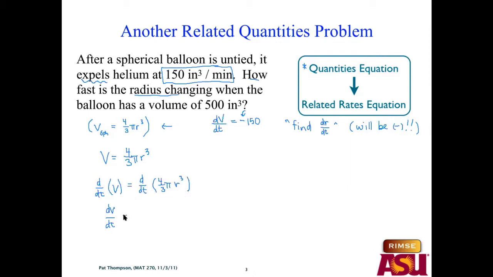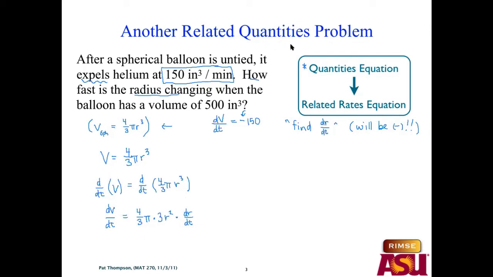So taking this derivative on the right-hand side, I'm going to have 4/3 pi, constant coefficient, times 3r squared, and then since it's a derivative with respect to t, not r, I need chain rule, times the derivative of r with respect to time.